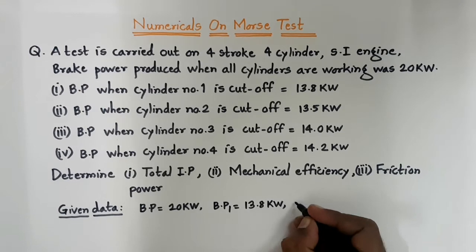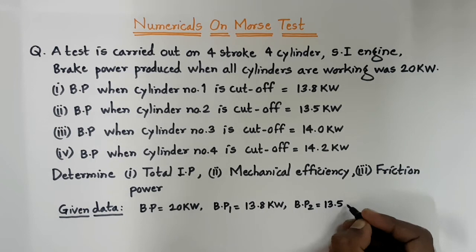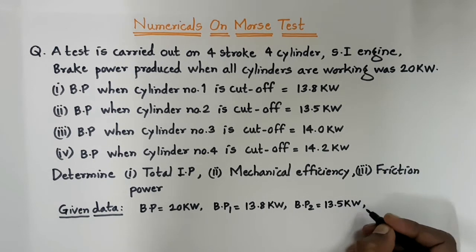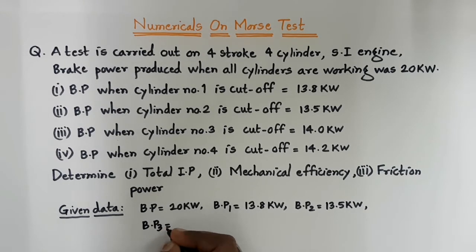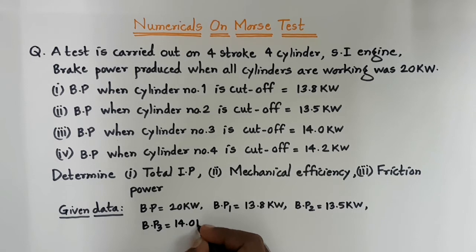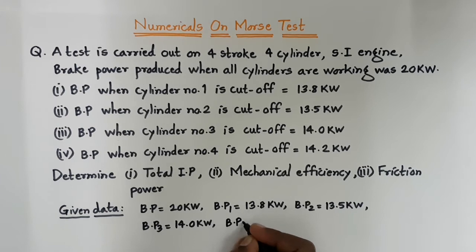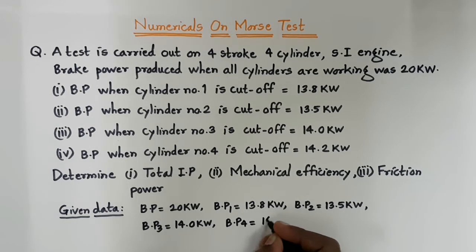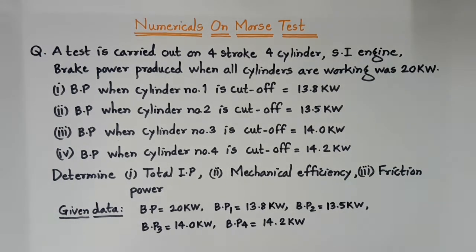For cylinder number 2, BP2 is equal to 13.5 kilowatt. For cylinder number 3, BP3 is equal to 14.0 kilowatt. Then for the fourth cylinder, BP4 is equal to 14.2 kilowatt. This is the given data. So we will determine one by one whatever is asked in the question by following a step by step procedure.